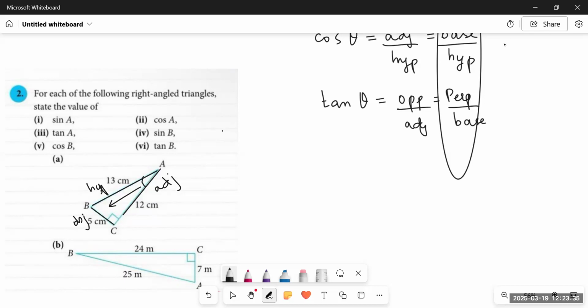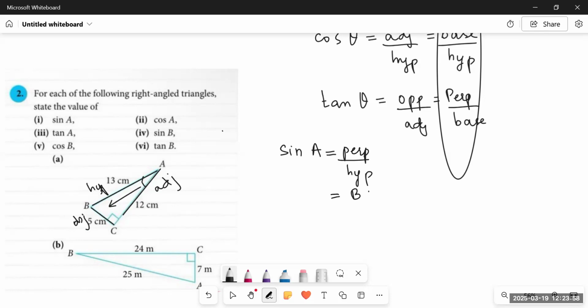So if we have to find sine A, it would be opposite upon hypotenuse, or perpendicular upon hypotenuse. In this case, what is the perpendicular?